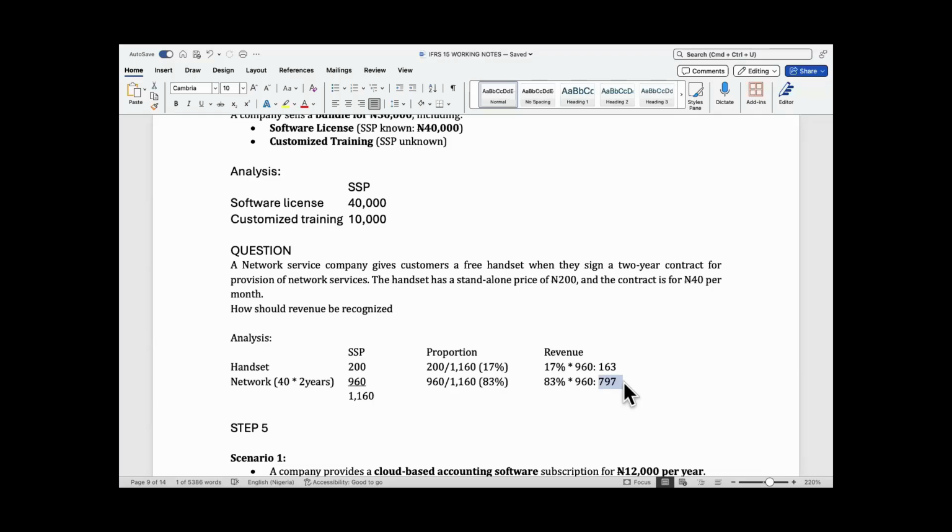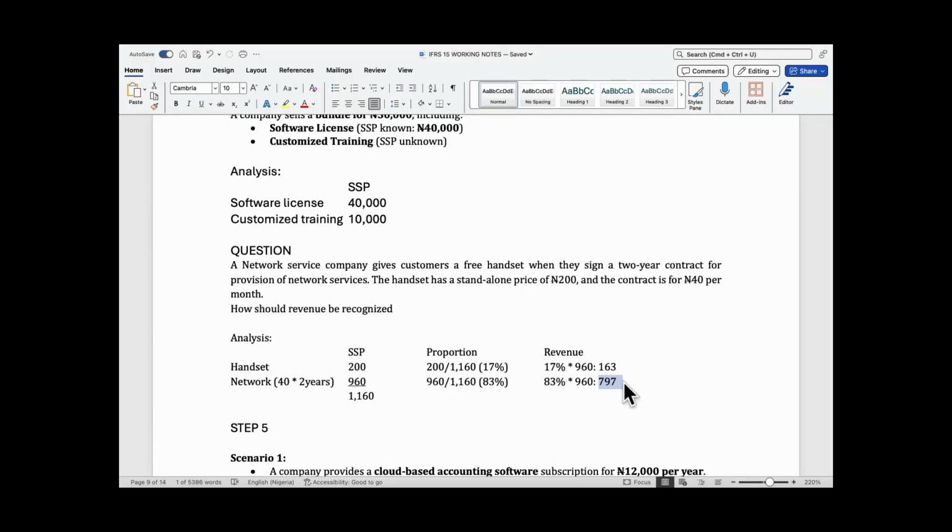So the whole idea here is that because these services are separate, even though you are saying you want to give phones free to people, we are still going to recognize revenue on it because it's a separate performance obligation.